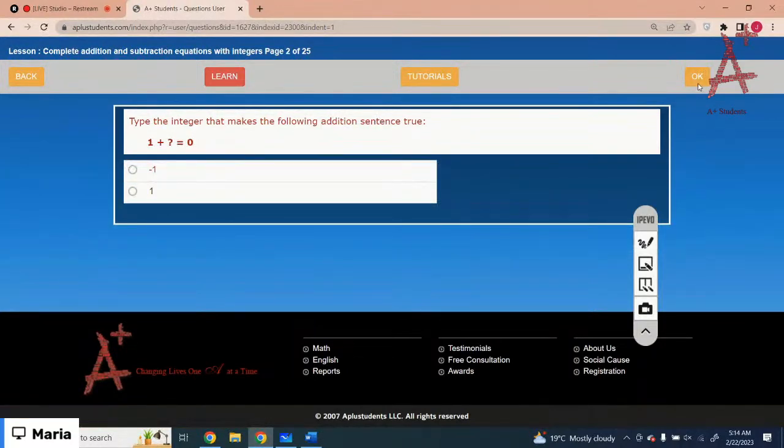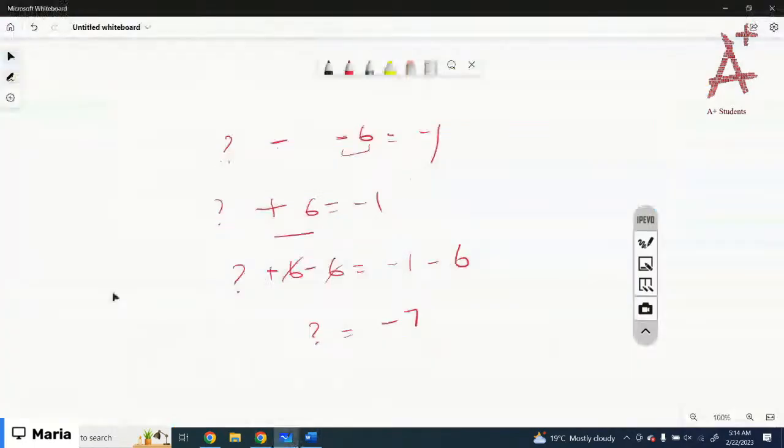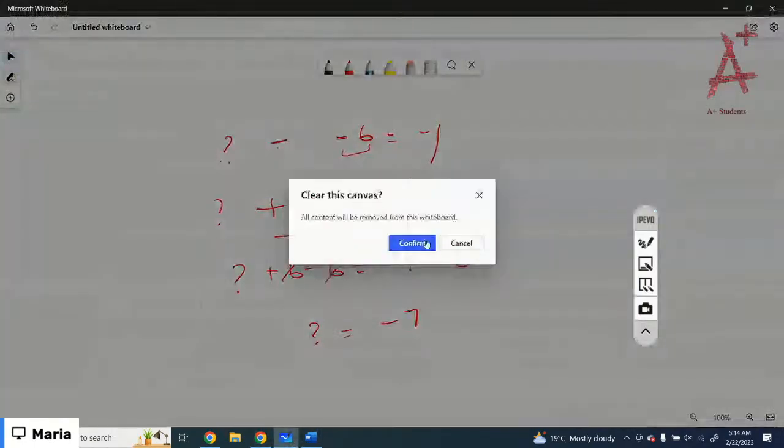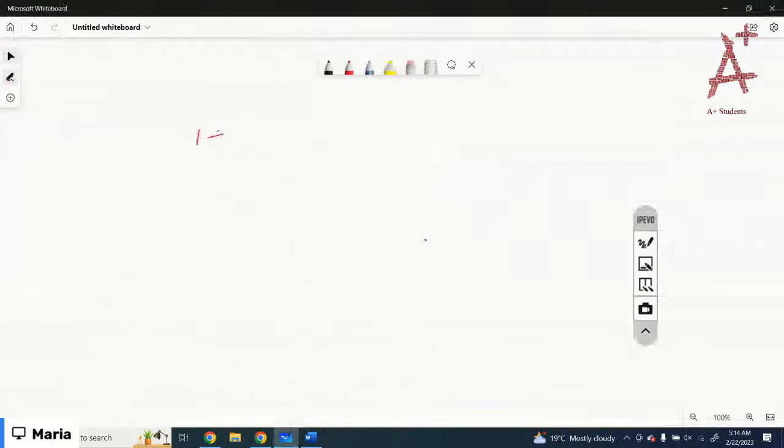Okay, 1 plus missing number equals 0. You have to remove that 1, because you need to find the missing number.